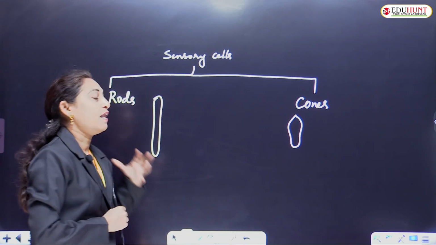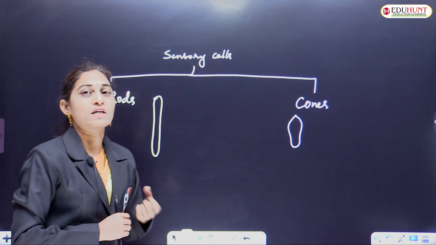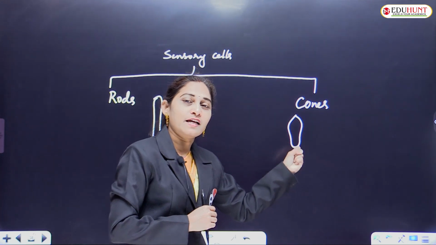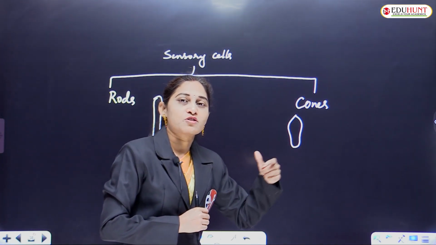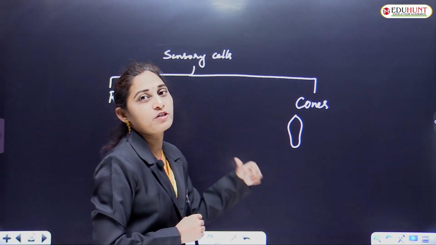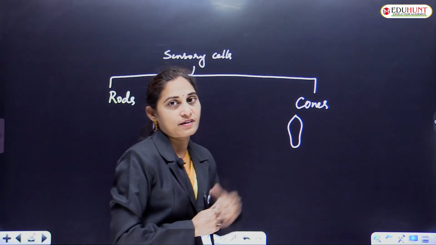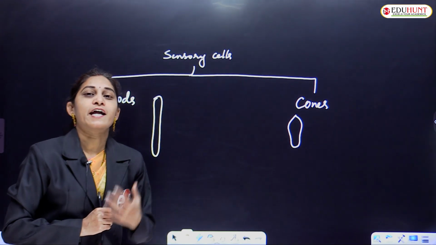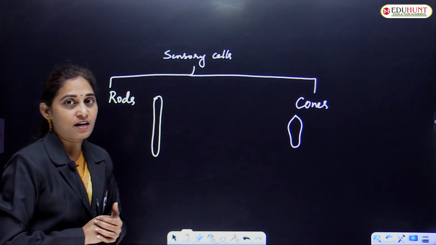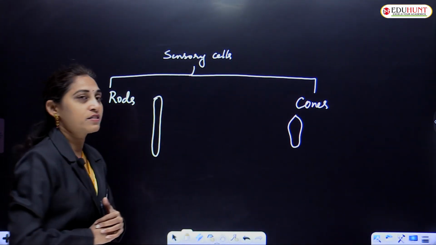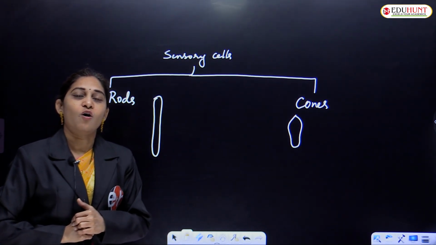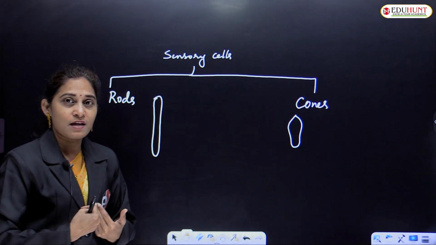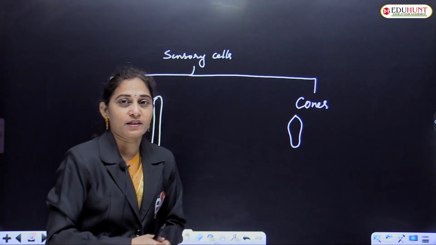When the light is bright, that is during daytime, the cones get activated and they carry the impulse to the brain in presence of bright light. And rods are responsible for night vision. When it is dark or dim light, the rods take up the responsibility of carrying the impulses from the optic nerve to the brain.